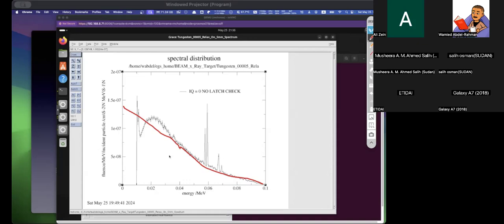So photons produced in the target with energy less than 10 keV are not absorbed in the target, they're simply not simulated or produced. That's why we have this cutoff at 10 keV. Probably I will redo this, but I need to prepare the PEGS data so that we have cross sections down to 1 keV. When I do this, you will find that you actually get lower energy photons.